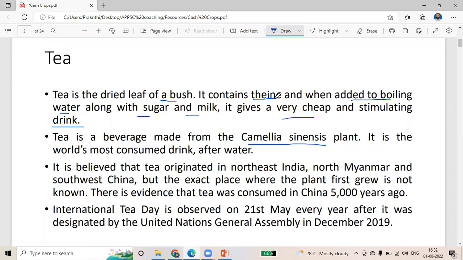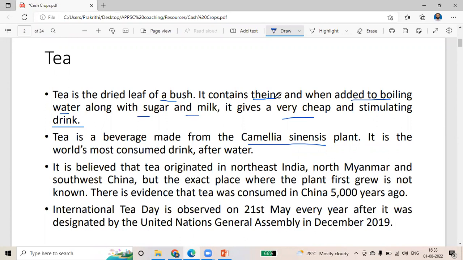But regarding its origin, there are a lot of sayings, like it originated from China. Mostly we think that it mainly originated from China. But there are other sides as well. Some say it originated in northeast India. Some say it is in north Myanmar.